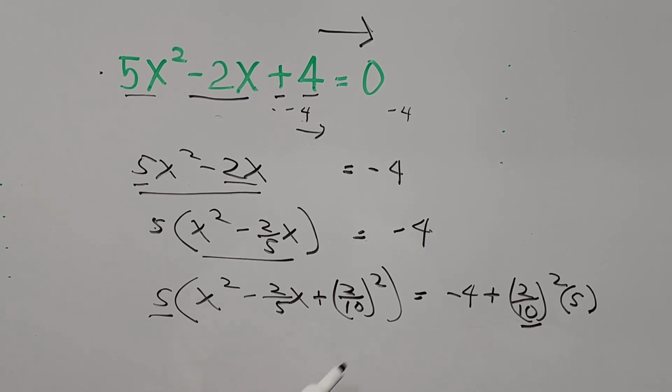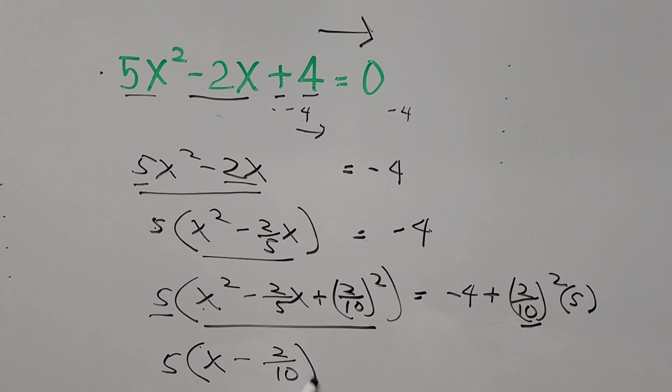Now the terms inside the parentheses is a perfect square. So we have now 5 times the quantity x, and since it is minus, we have minus over here, and 2 over 10. Then we have now squared right there. And the right hand side remains the same.